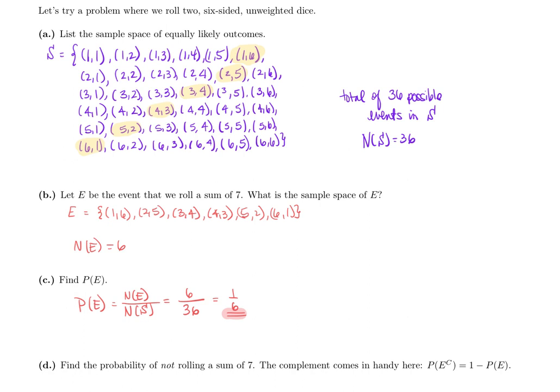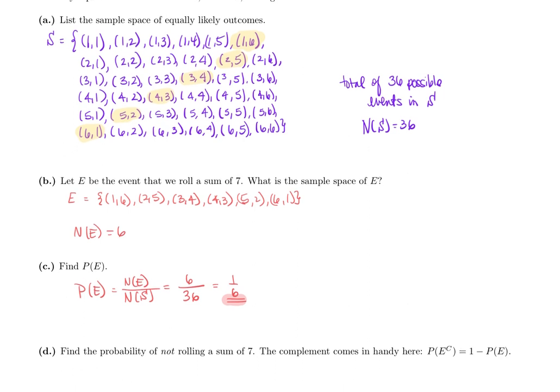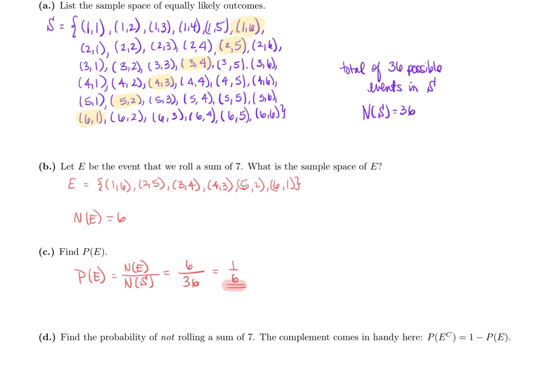But what if I asked you to find the probability of not rolling a sum of 7? Then that would mean we'd have something called the complement. So the complement is the exact opposite. It's everything else in the sample set that we don't want. So if I wanted a sum of 7, all of the events that would be in the complement of that event would be all of the rolls of our dice that do not have a sum of 7.